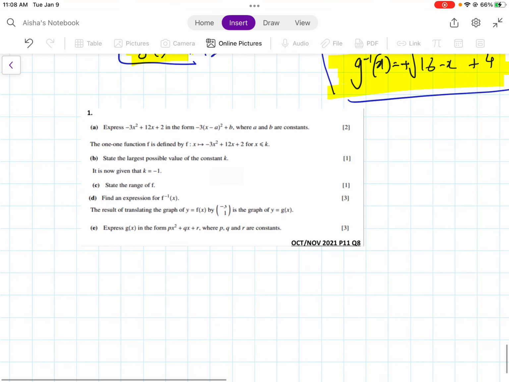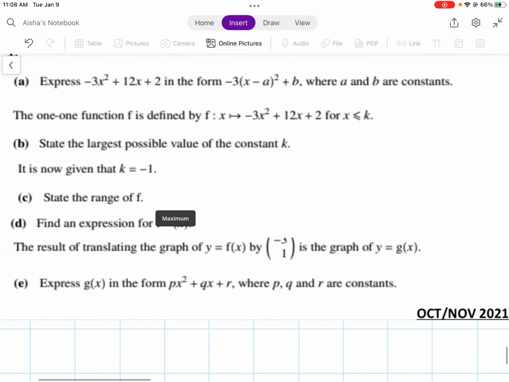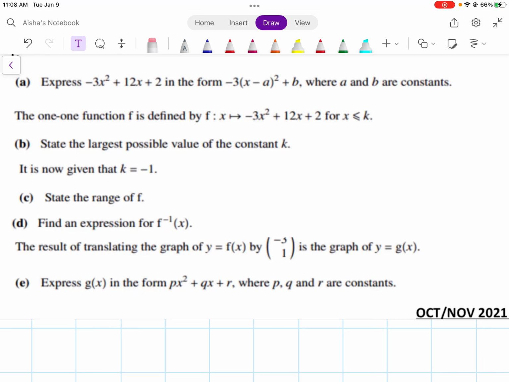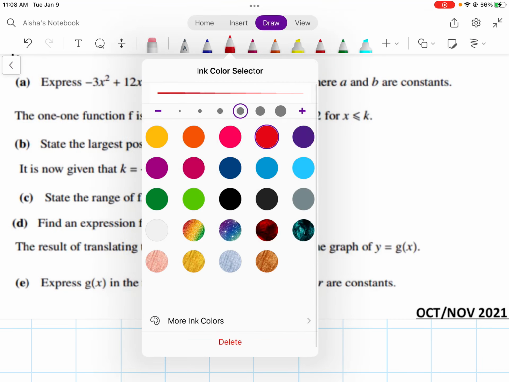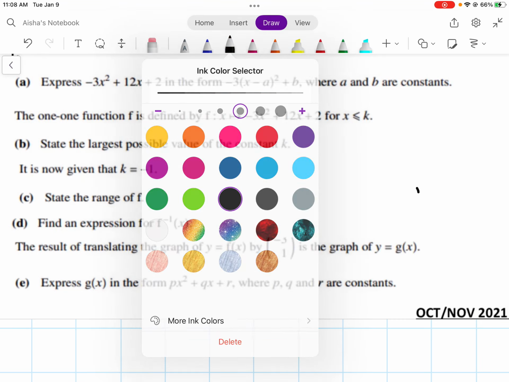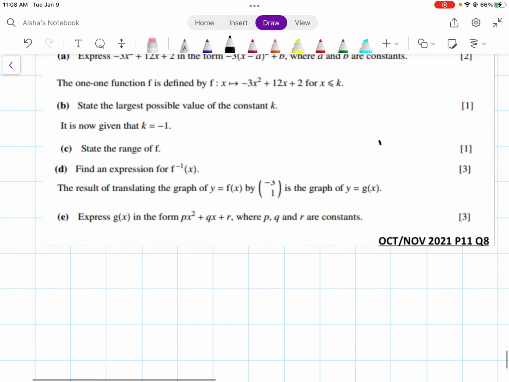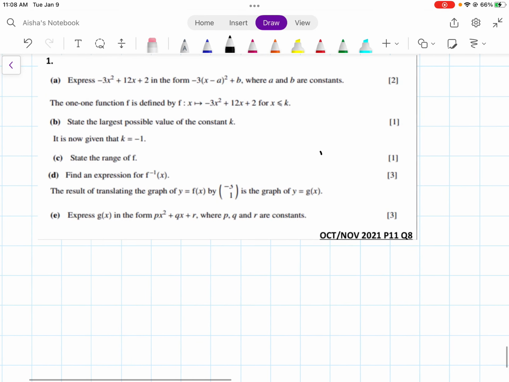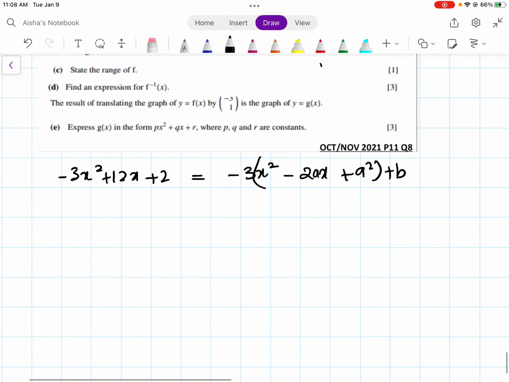Okay, express minus 3x squared plus 12x plus 2 in the form minus 3 times x minus a whole squared plus b.